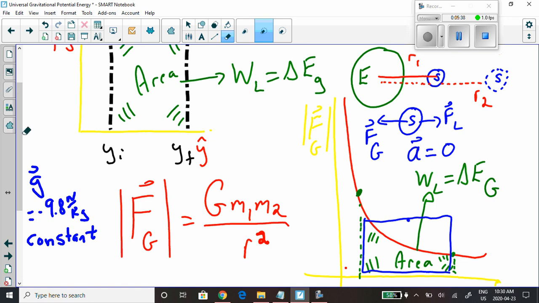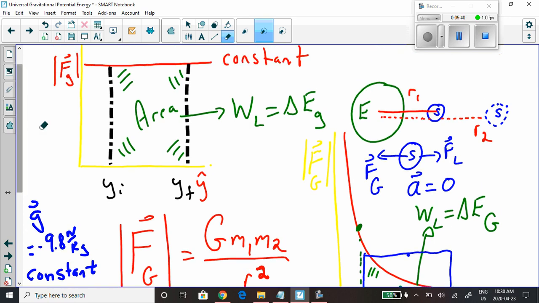So let me try to draw that for you. What we did in the past is we were lifting an object off the ground. Now let's consider the Earth here, which I've drawn in green. And let's say we have some space station here, blue S, space station, and it starts at a position R1, center to center, all right?